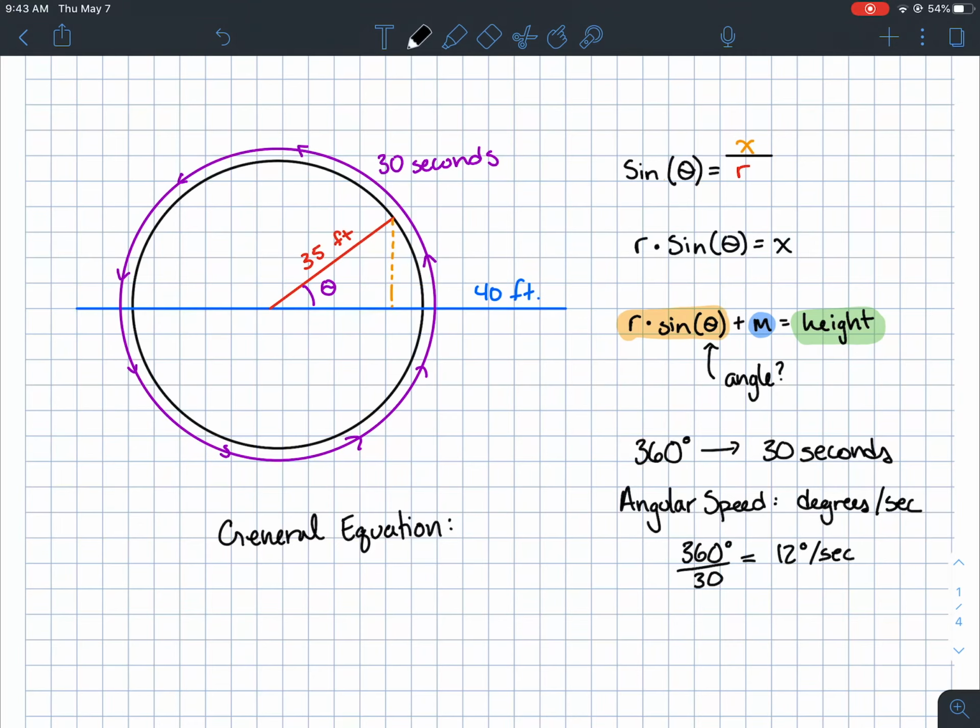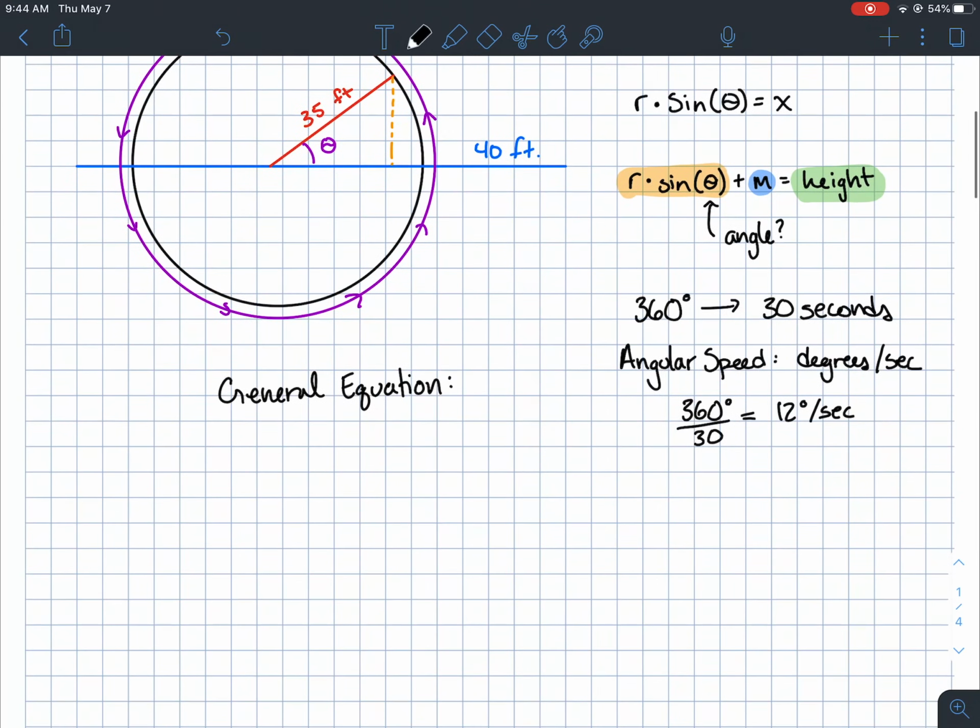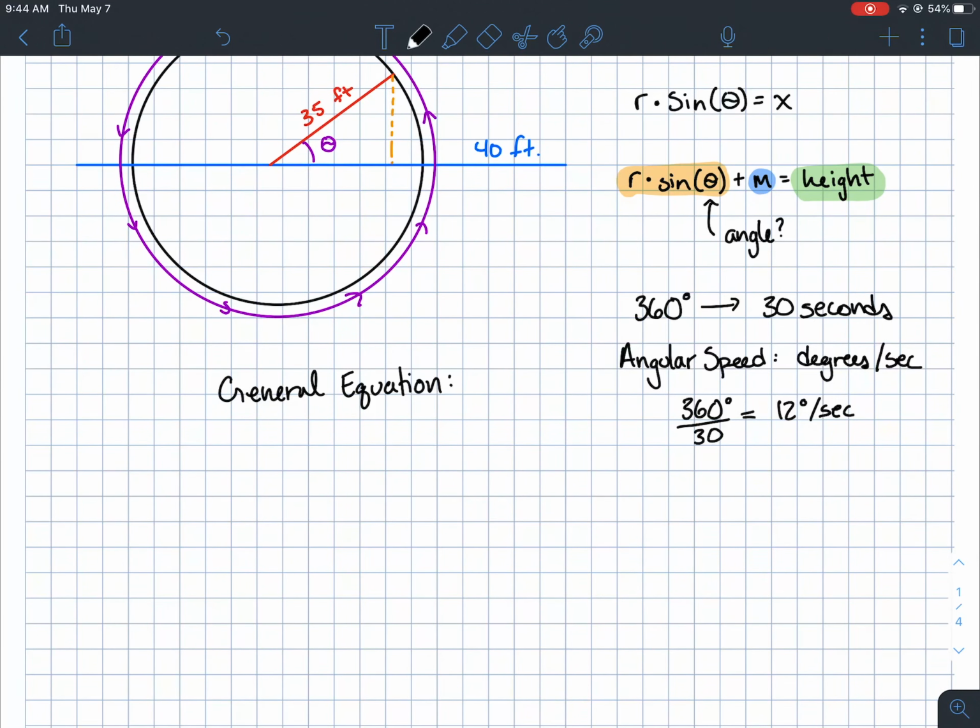If we know how long we've been on the Ferris wheel, we can now plug that in for our angle.